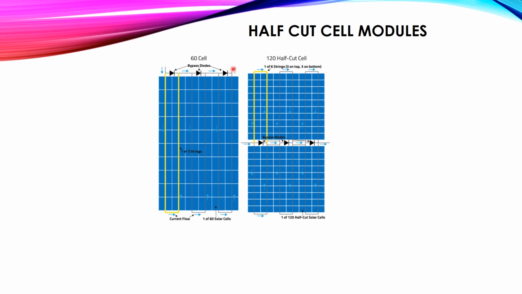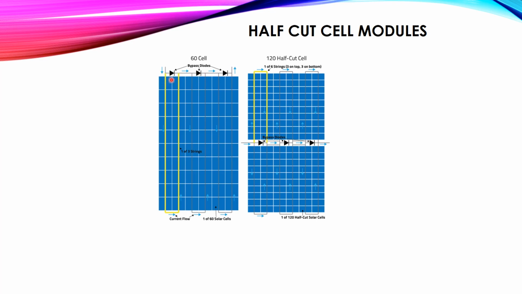This is our second terminal, this is our first terminal. Now we'll see that each 2 lines are protected by a bypass diode, or separated by a bypass diode. So in this case we have 3 strings. The 3 strings contain 3 bypass diodes.